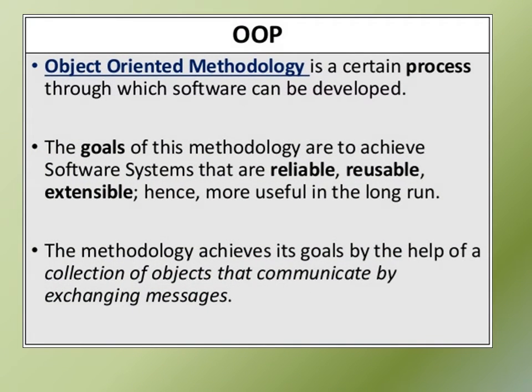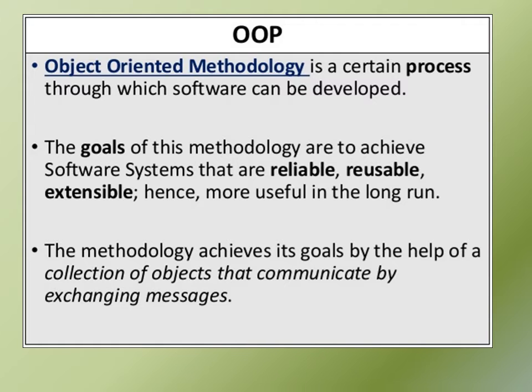Object-oriented methodology is a certain process through which software can be developed. So by using this methodology we can create software. The goals of this methodology are to achieve software systems that are reliable, reusable and extensible. Hence, it is more useful in the long run as we can reuse the code, we can extend it, and it is reliable.